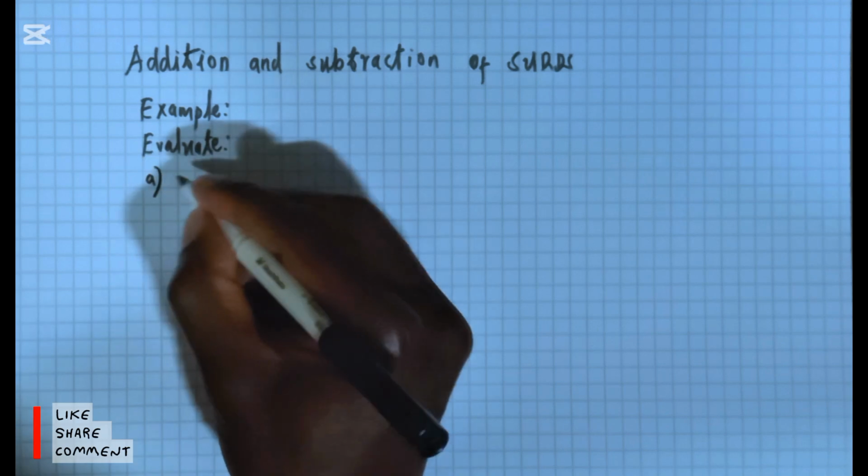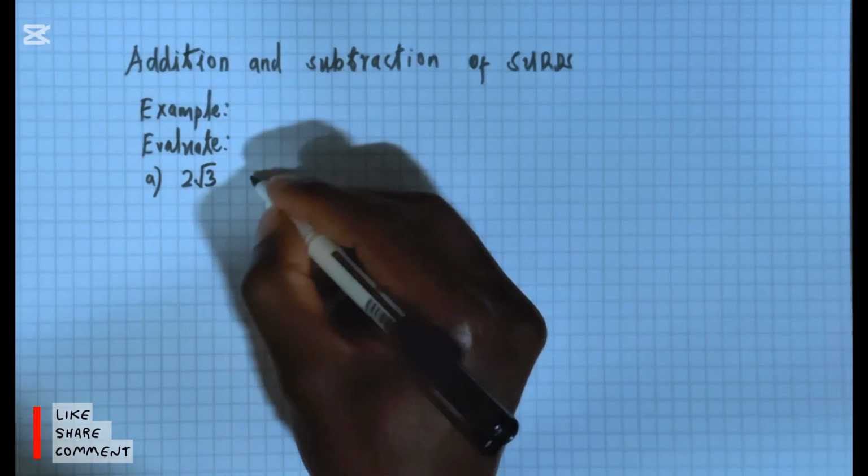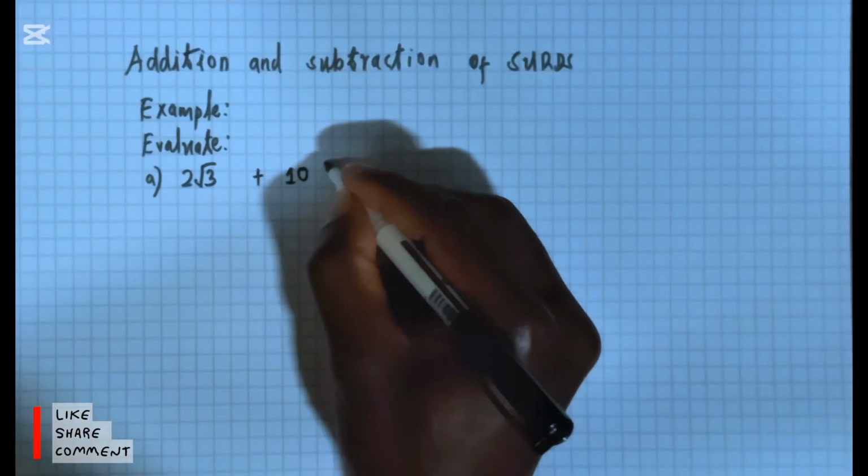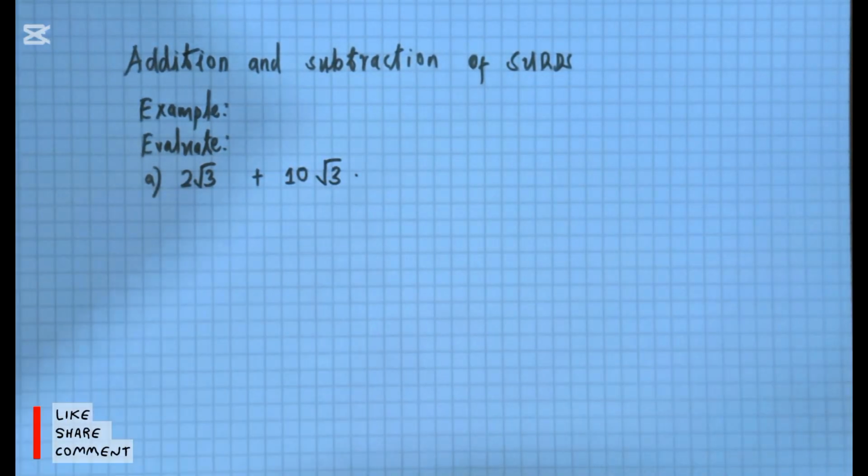2 root 3, okay, plus 10 root 3. Okay, so one thing I'm going to say here, before we tackle this, is that when you are handling surds, it's almost the same way as handling algebraic expressions.